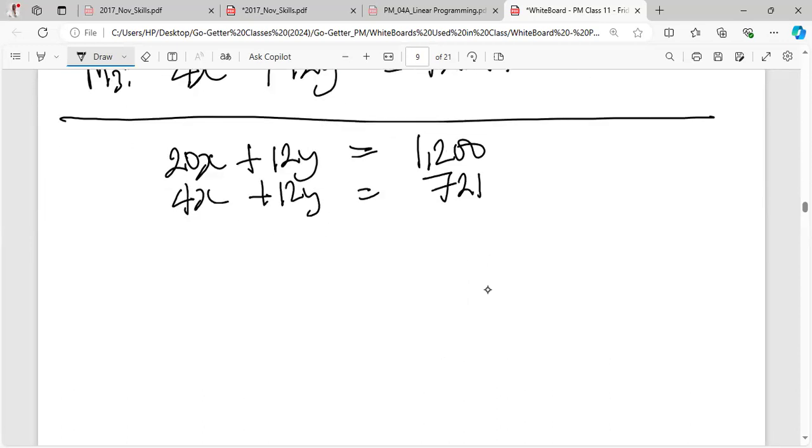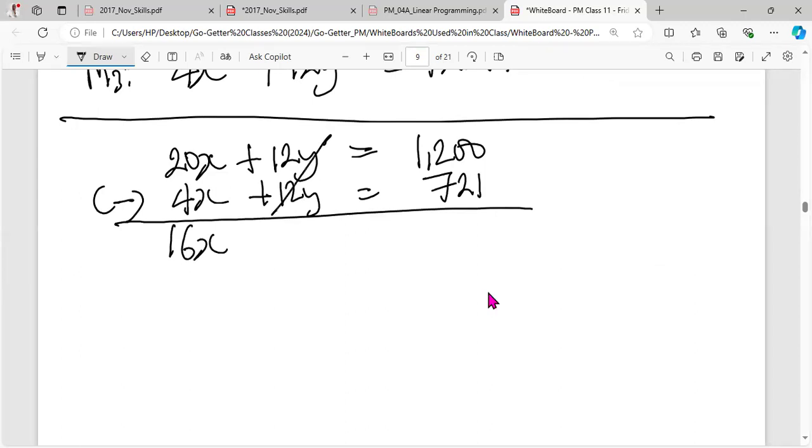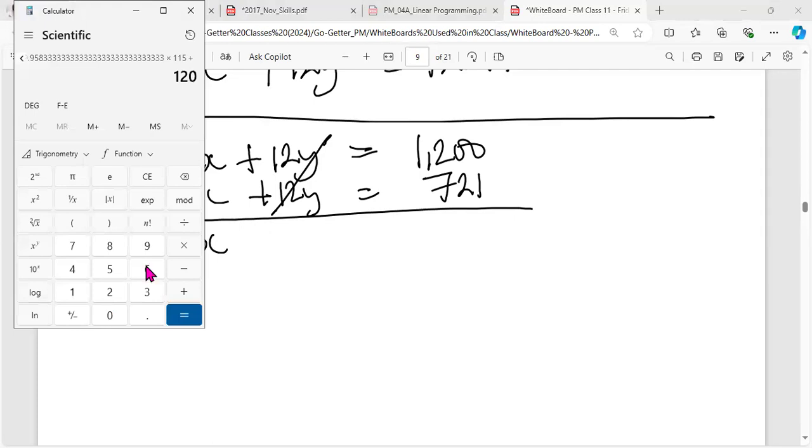Simply minus, this will give me 16x. This will go off, and now, what would this give? 1, 2 minus, so sorry, 1, 2 minus 721.